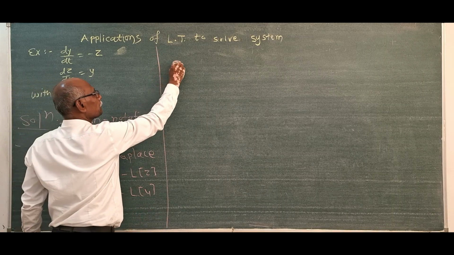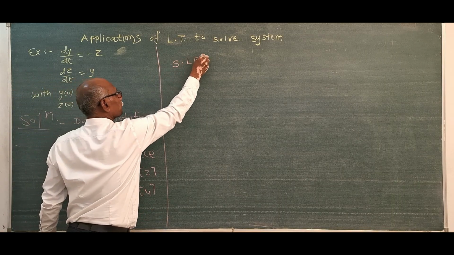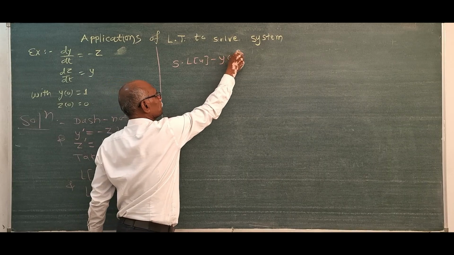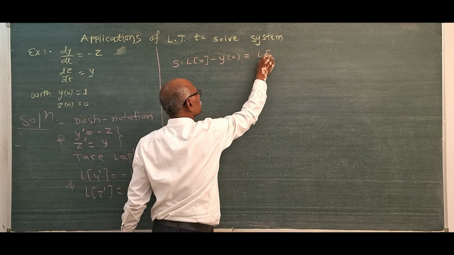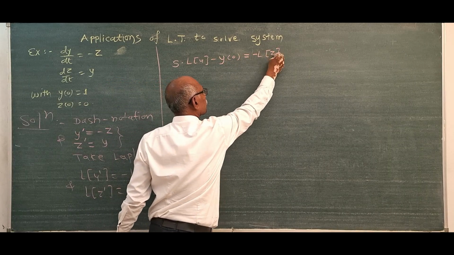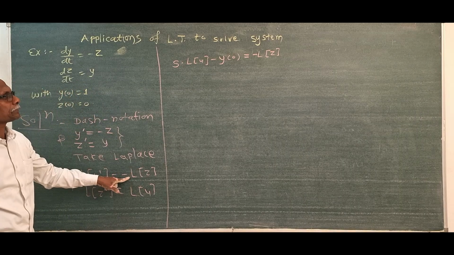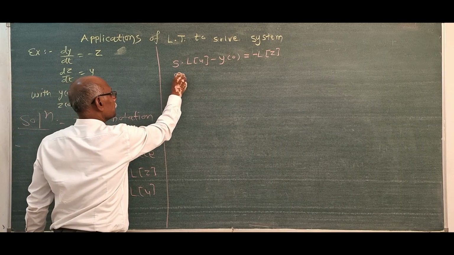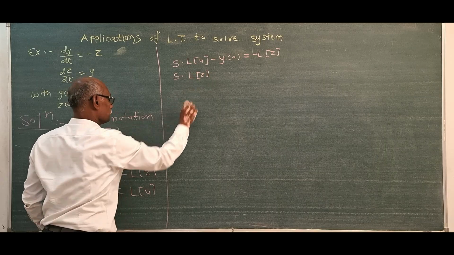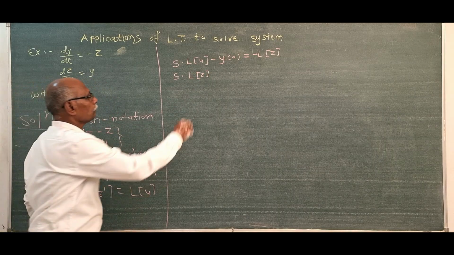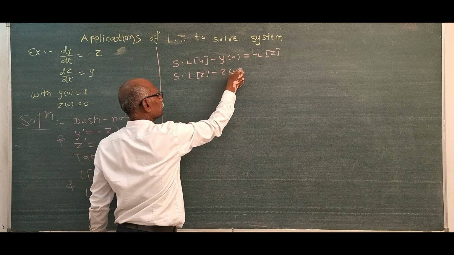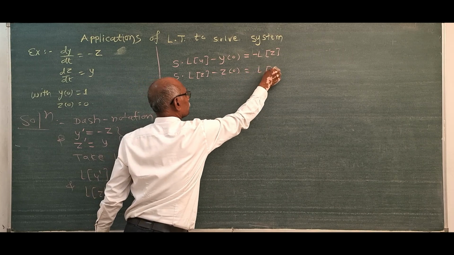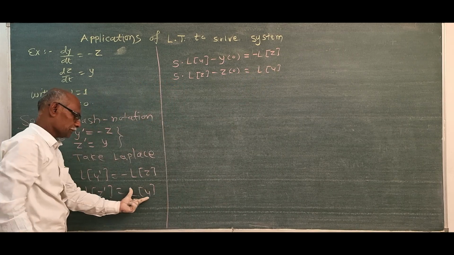L of y dash means s into L of y minus y of 0, which is equal to minus L of z. Then this can be written as s into L of z, because it is Laplace of z dash, minus z of 0, which is equal to L of y. That is the right hand side as it is.